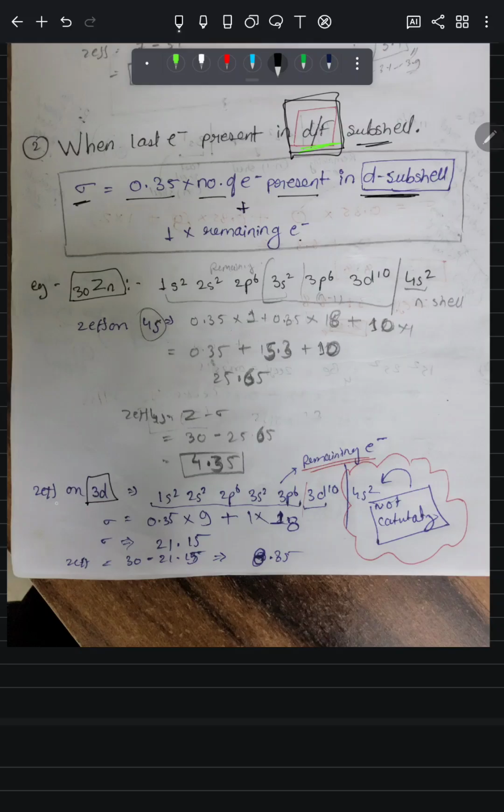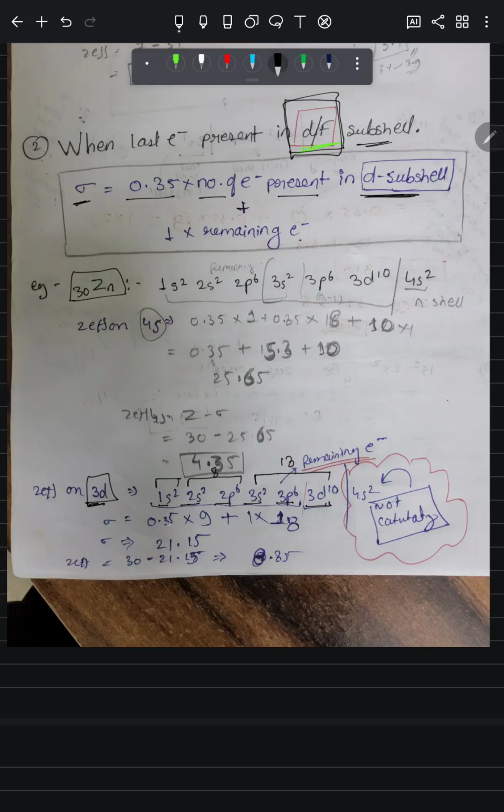If we find Z effective nuclear charge on the 3d orbital, then we use the electronic configuration 1s2, 2s2, 2p6, 3s2, 3p6, and 3d10. Why 3d10? Because this comes in the first subshell, these are 8 electrons, and these are the 18 electrons. So this is the final value. 4s is not calculated.